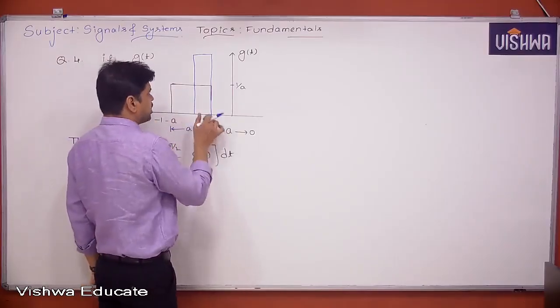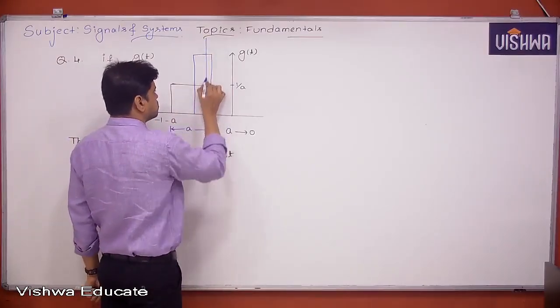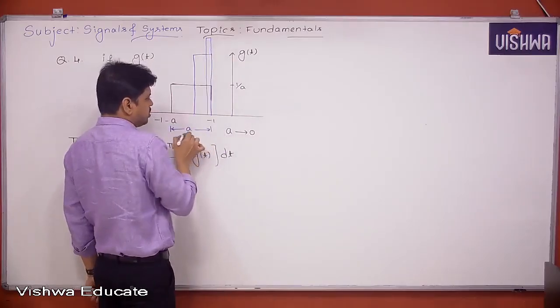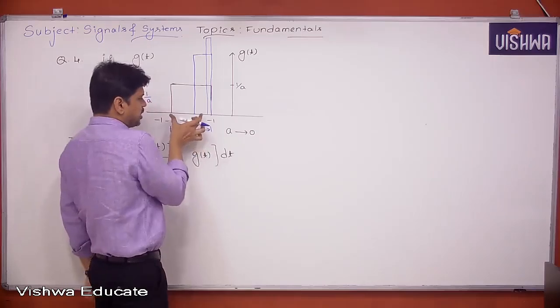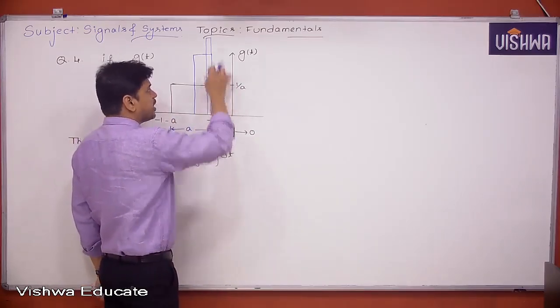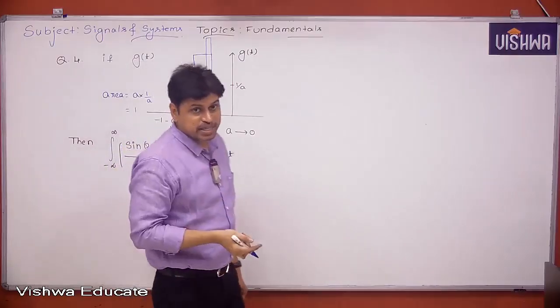So this point keeps on coming closer. At a particular point where a tends to 0, a is almost 0, that means this point is coinciding, and 1 by a goes to infinity, but still the area is equal to 1.